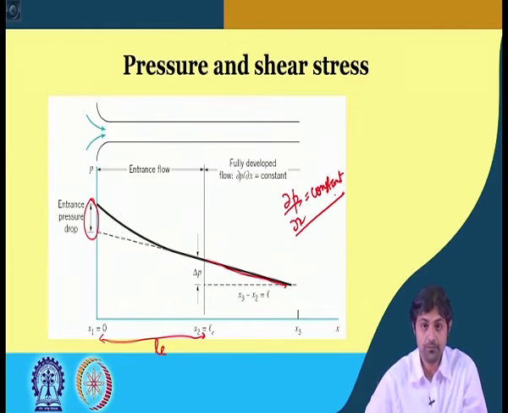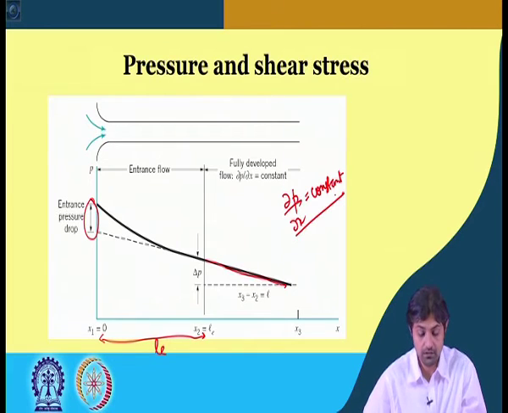This has been obtained through experimental analysis. So del P del x is equal to constant. The important information to grasp from this slide is that in the entrance there is an entrance pressure drop, whereas when the flow becomes fully developed, del P del x is constant.